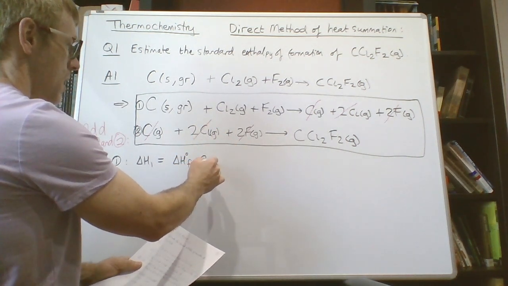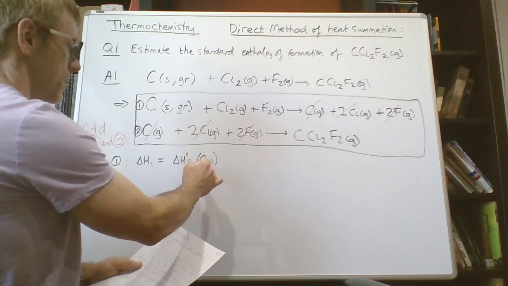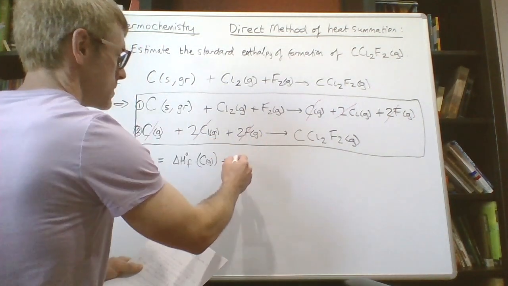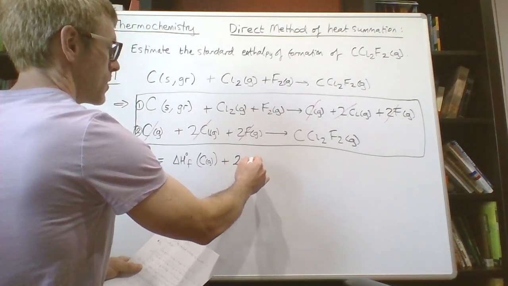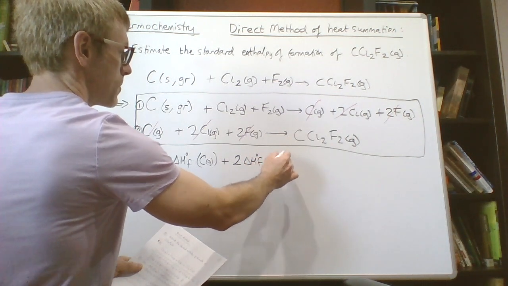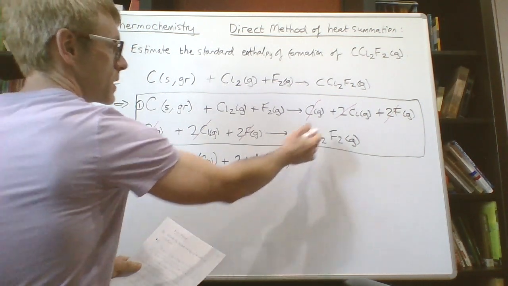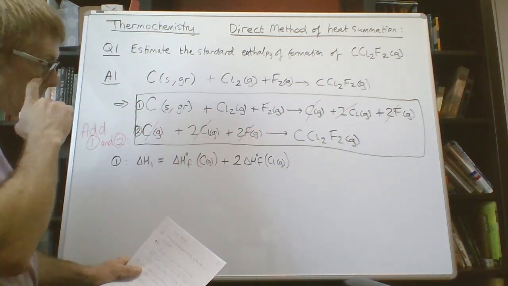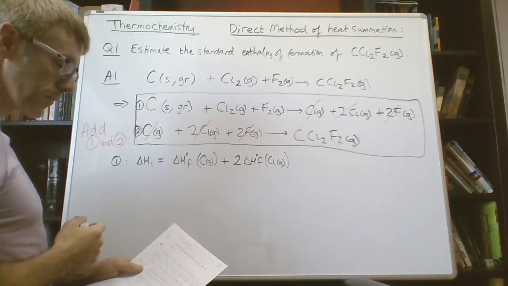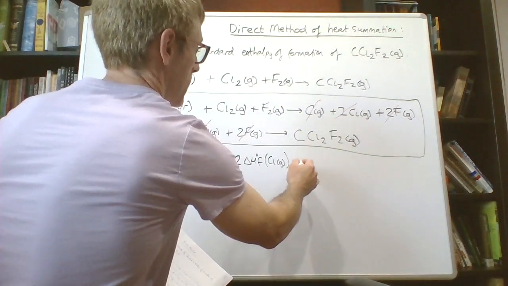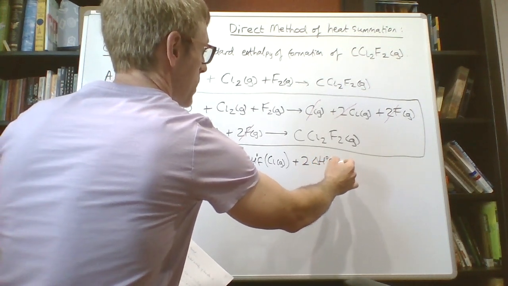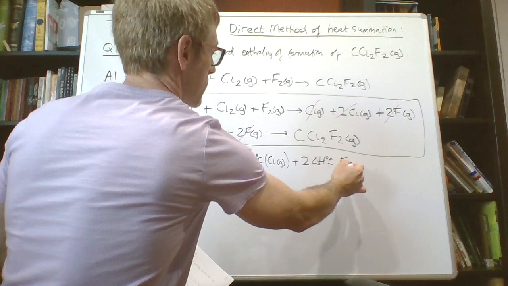And the products are carbon in the gas phase. I'm going to make 2 Cl, so I need twice the standard enthalpy of formation of Cl in the gas phase. The 2 here because there's 2 moles of Cl. The 1 here because there's only 1 mole of carbon. And 2 lots of the standard enthalpy of formation of F in the gas phase.